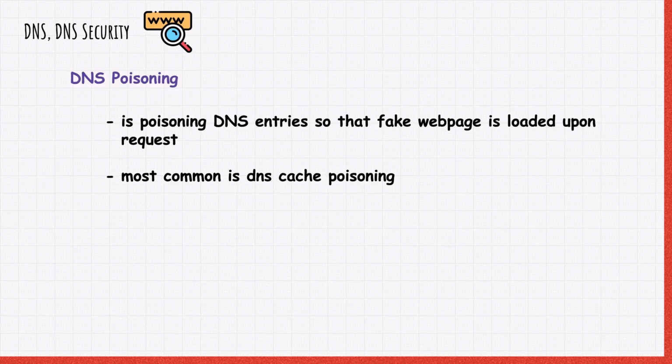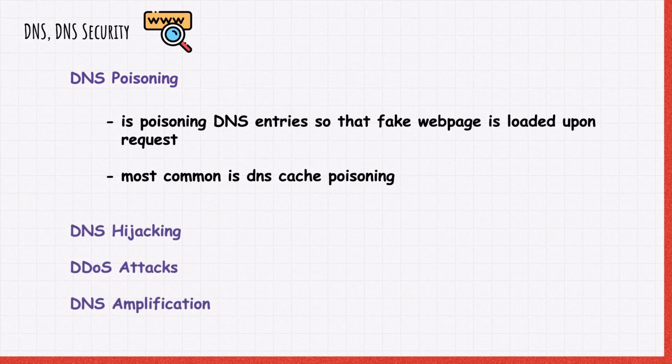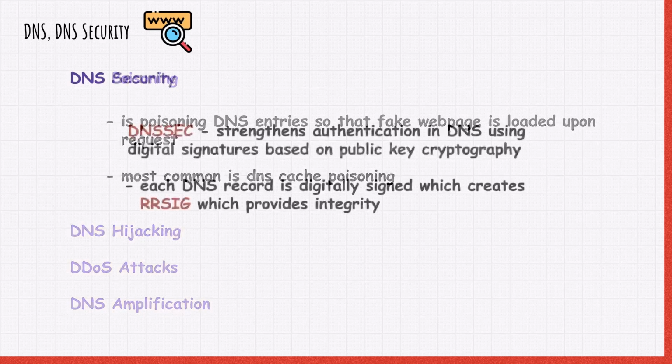Now, besides DNS poisoning, DNS can be a target of several other attacks, which are DNS hijacking, DDoS attacks, or DNS amplification. Now that we know which attacks exist, we can conclude that DNS is not that secure on its own, right? Well, to increase our security, we can use DNSSEC.